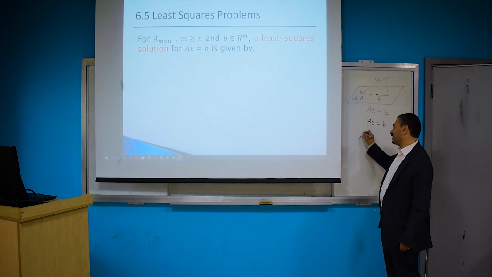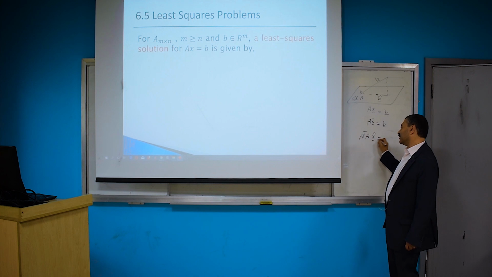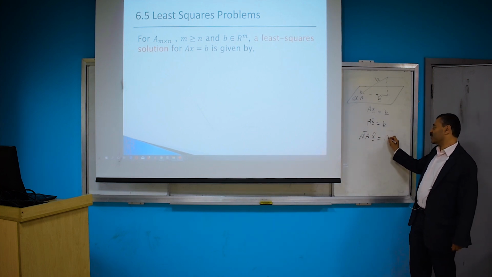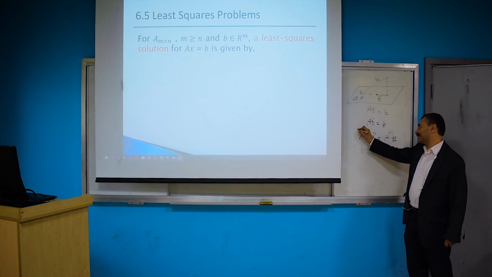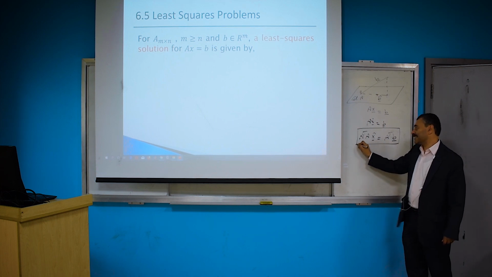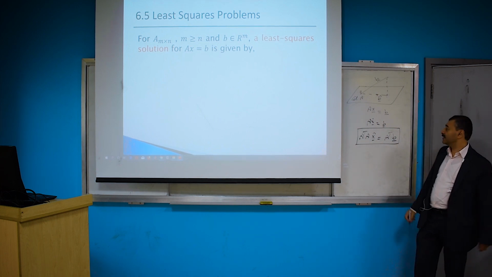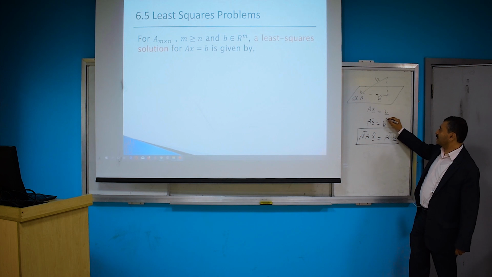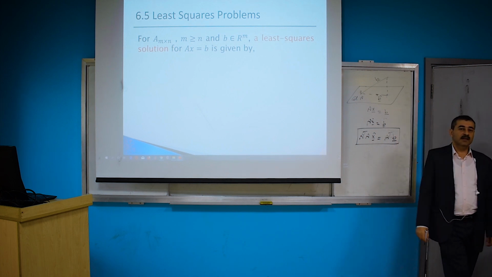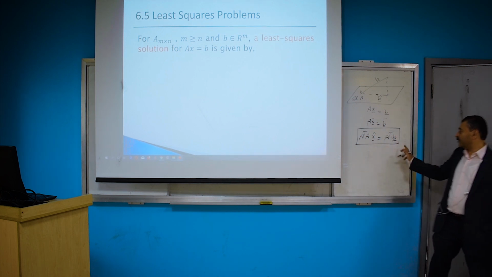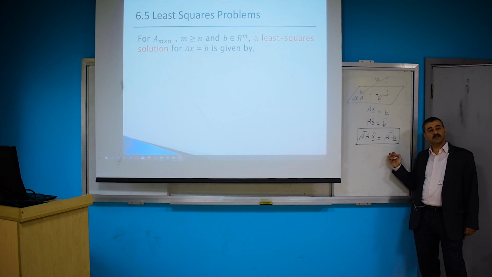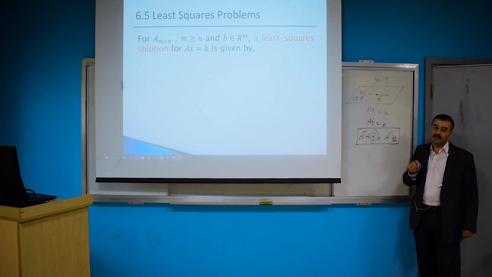A transpose A x hat equal A transpose b hat, sorry. So these equations are called the normal equation. Okay, you solve this equation to get directly x hat.